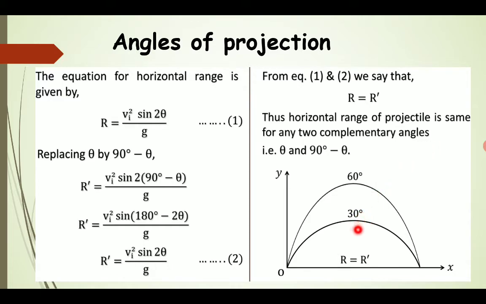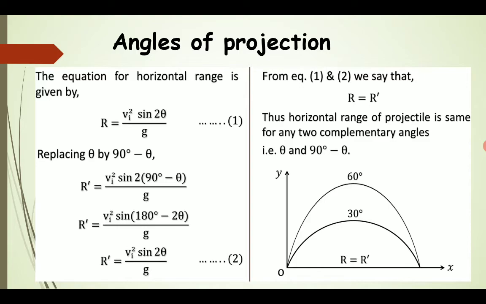If we project with an initial angle of 30 degrees, the position reached by the projectile is the same as for 60 degrees, since 90 minus 30 is 60. For 45 degrees, 90 minus 45 is again 45, and so on. So we have different combinations where the projectile reaches the same position for two different angles of projection.